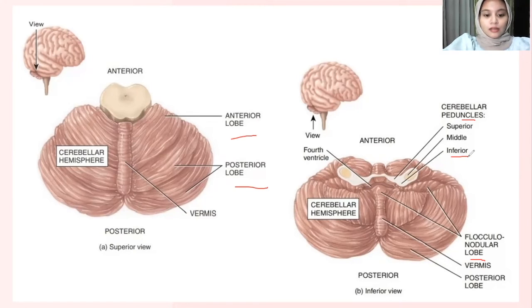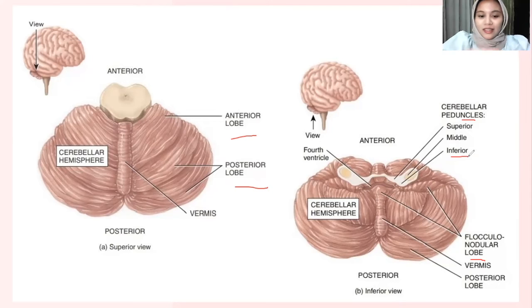The second is axons from the vestibular apparatus of the inner ear and from the vestibular nuclei of the medulla and pons that carry sensory information into the cerebellum from proprioceptors in the head. And the third is axons from the inferior olivary nucleus of the medulla that enter the cerebellum and regulate the activity of cerebellar neurons.